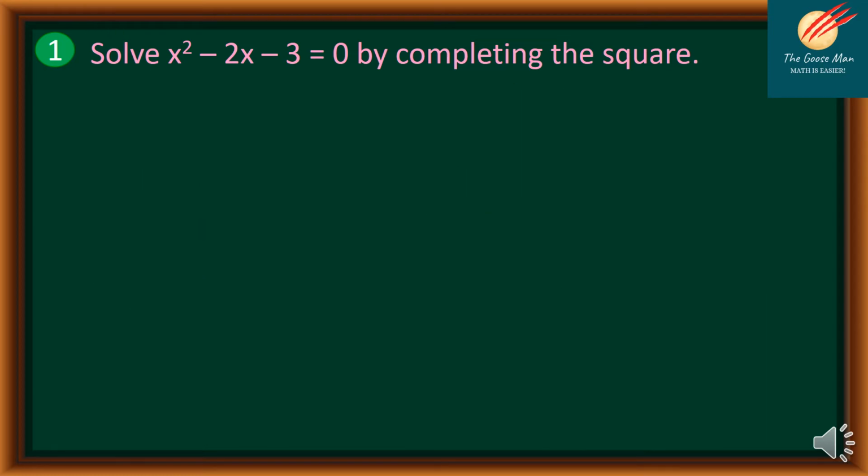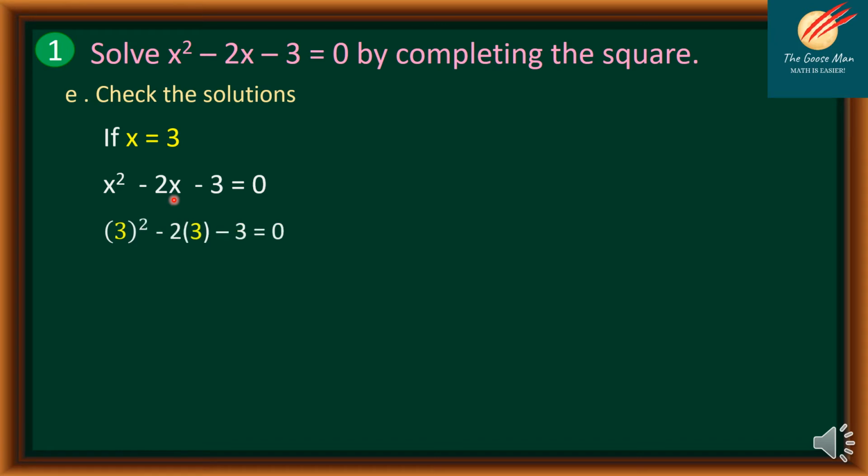Now that we found the values of x, we will check the solutions. If x is equal to 3, using the original equation x squared minus 2x minus 3, substitute the value x is equal to 3 for all values of x here.